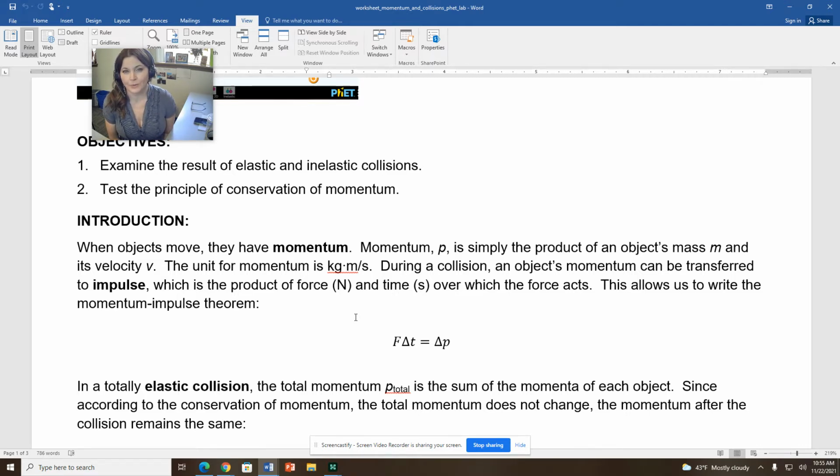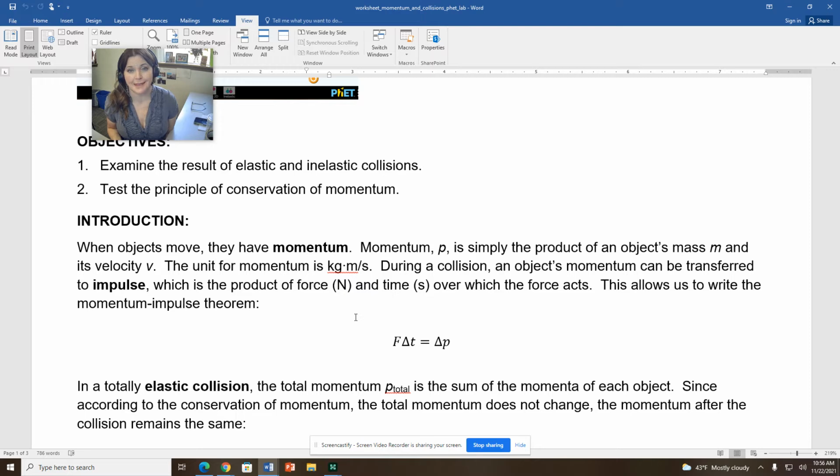And you think about when a collision happens, that the time over which that collision occurs is also very important, right? I like to use the example of dropping a raw egg. If I drop a raw egg, it's moving at a fairly fast velocity. The farther it falls, the faster the velocity. So the higher I hold that egg up, the faster it's going to be when it hits the ground, and therefore it's going to have more momentum.